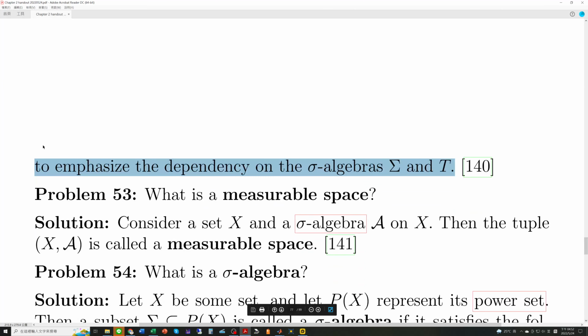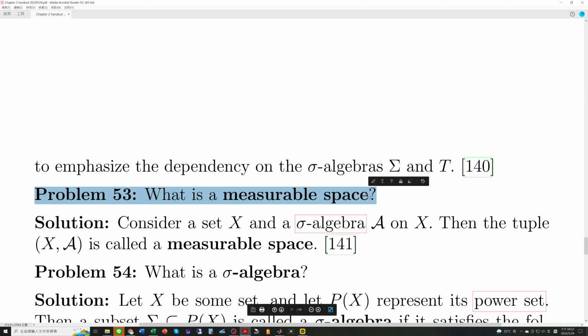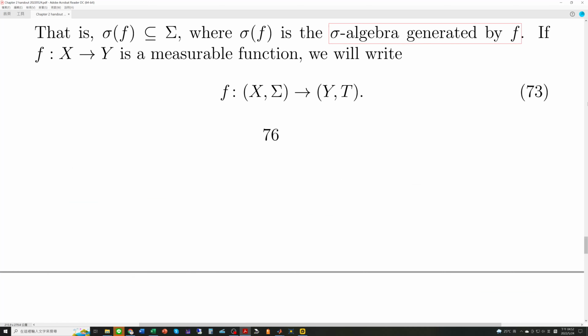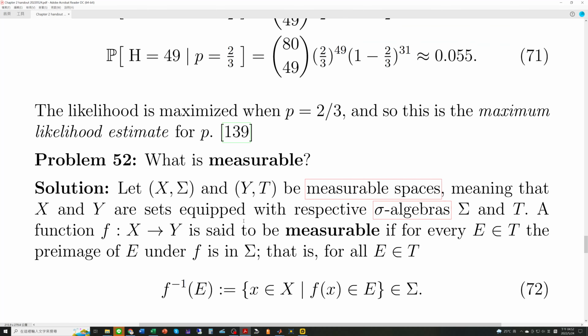Next, let us see problem 53. What is a measurable space? Why do we need to know what is a measurable space? Because it appears in the solution to problem 52. What is measurable?